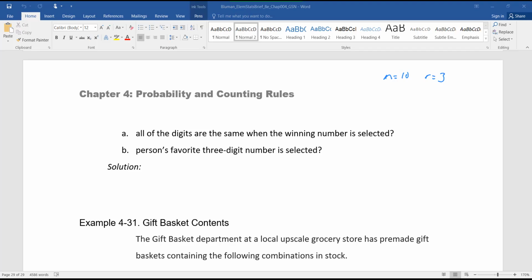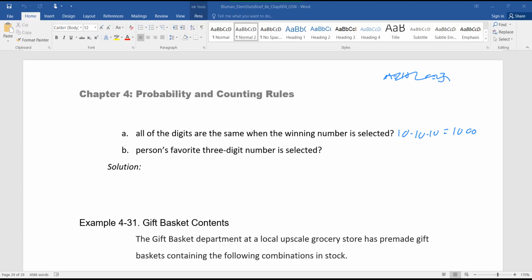This is not a combination or permutation situation. This is the counting rule situation. You just multiply, because how many options do you have for the first number? 10. 10 times 10 times 10. So that's not the answer there. That's just the bottom number.